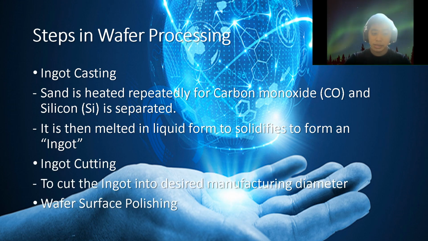After ingot casting is ingot cutting. After the previous step is completed, you need to cut off both ends of the ingot with a diamond saw. It is important to use a diamond saw because it is hard enough to cut through the ingot itself, and then cut it into slices of a certain thickness.